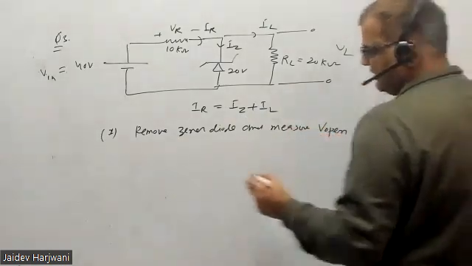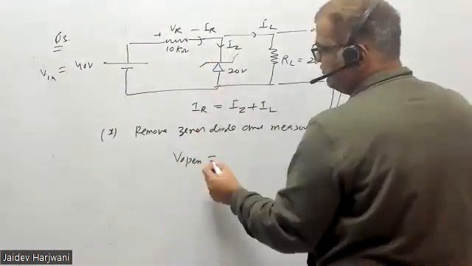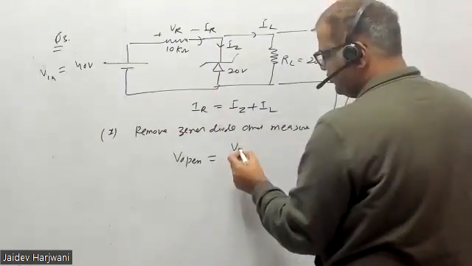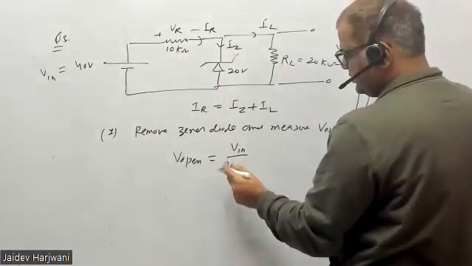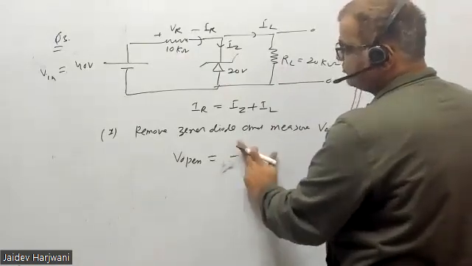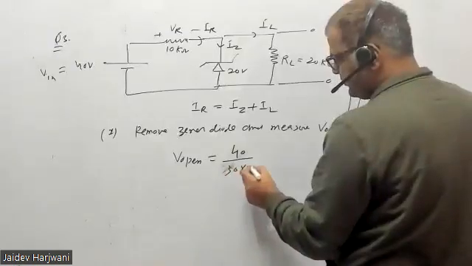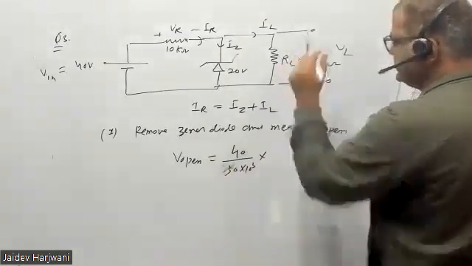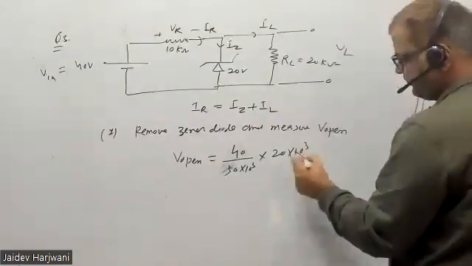So I'll measure the V open here, assuming this is not there. So V open will be total voltage, V input, 40 volt, total resistance 30 kilo ohm, into the voltage across here, V open, this is 20 kilo ohm.